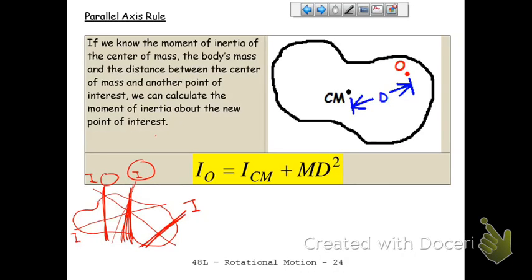So I simply say the moment of inertia about my new axis, I0, is equal to the moment of inertia about my center of mass, ICM, plus something to do with mass and something to do with separations. We know the units have to be consistent, so kilogram meters squared is equal to kilogram meters squared plus something, and we know from dimensions in chapter 1 that this thing should be kilogram meters squared.